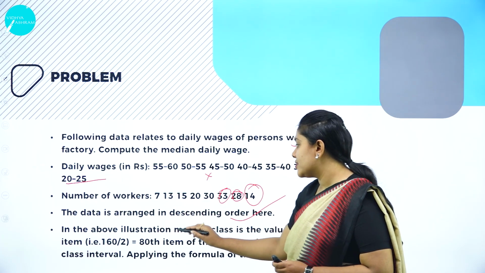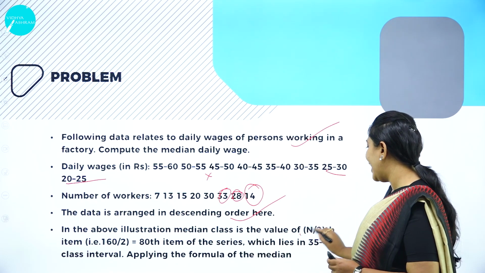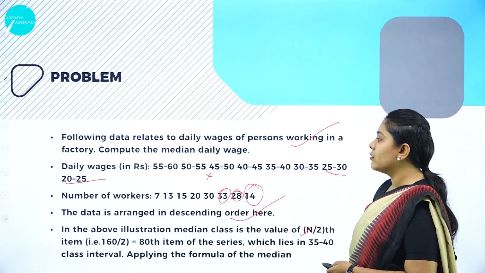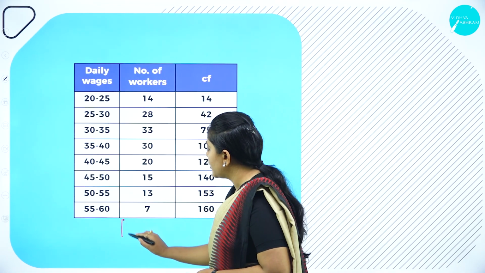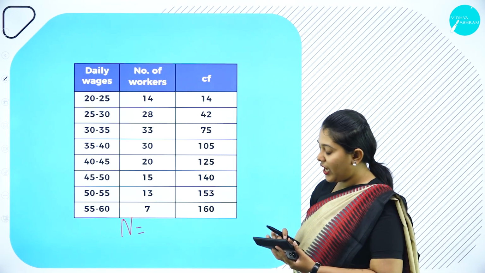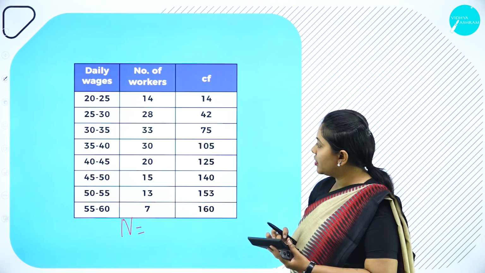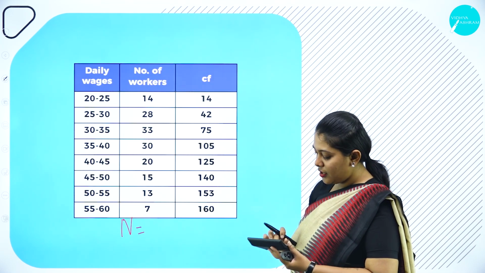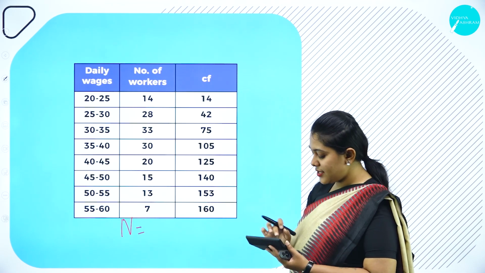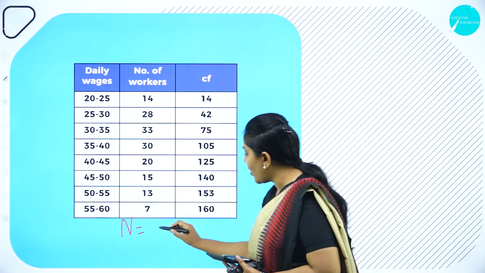So in the above illustration, the median class is the value of n by 2th item. How do we calculate that? Number of observations is how much? 14 plus 28 plus 33 plus 30 plus 20 plus 15 plus 13 plus 7. So it is 160.